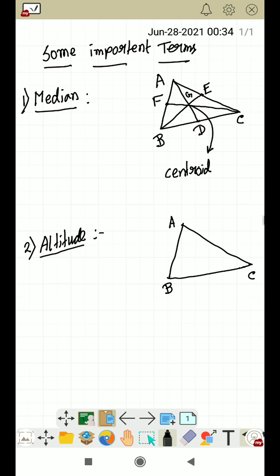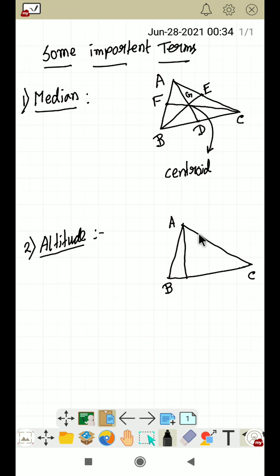That is, the altitude corresponding to any side, suppose you are choosing the BC side, is the length of the perpendicular drawn from the opposite vertex. The opposite vertex of BC is A. The perpendicular is drawn from the opposite vertex to that side, BC.